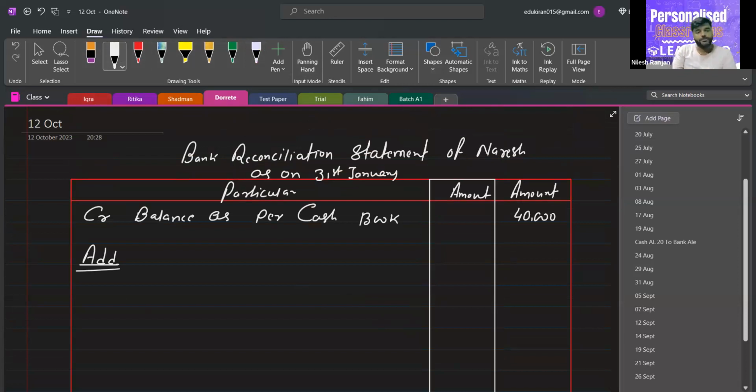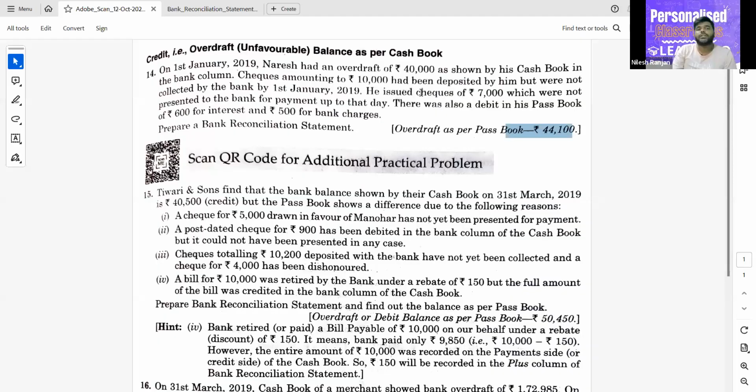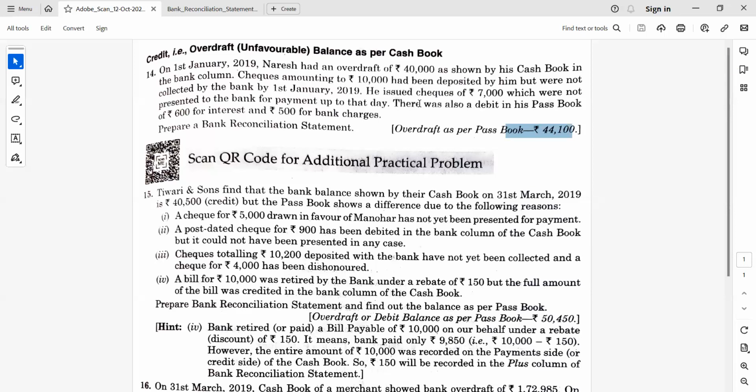So the first item is 10,000 had been deposited. So the cash book is increased, but now we have to decrease it.